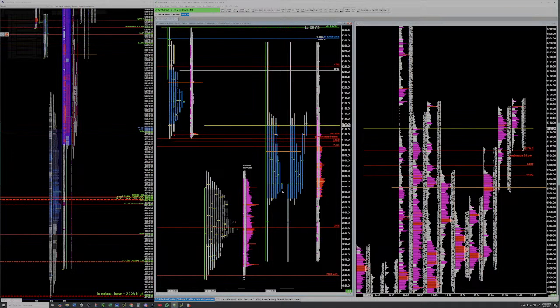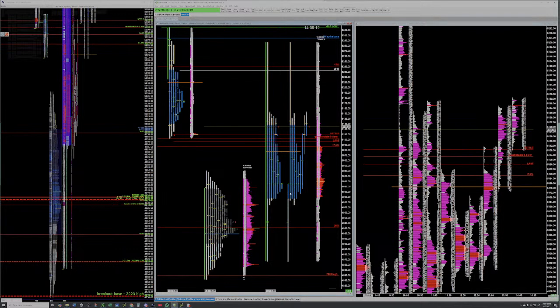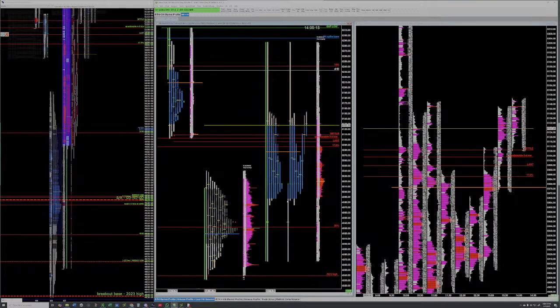Probably many people, if you don't have an idea of what's going on, this day would be a really hard day to trade. Many people would have gotten caught short here, or been constantly whipsawed by this market, right?